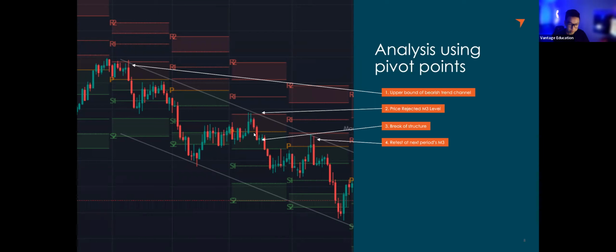Again, the level above the pivot point, which is M3, is your ideal entry for a downtrend. And the M2, which is the middle line between your pivot and your S1, is the ideal entry for the uptrend.